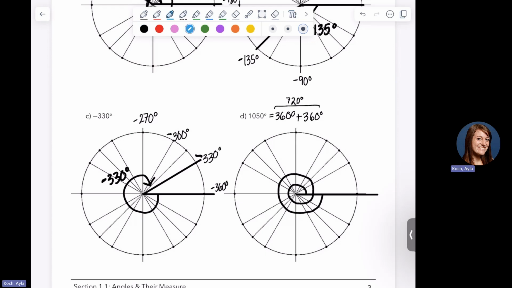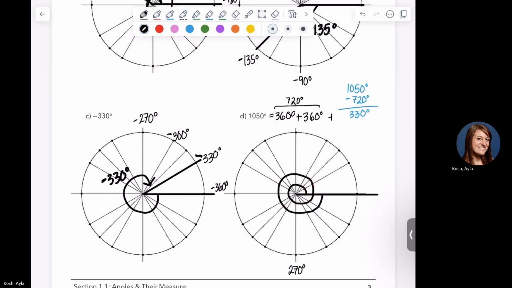And what's going to be left? Well, we have a total of 1050 degrees. We've done 720 of them. What's left is 330 degrees. So we just need to finish 330 degrees from here. This is the 270-degree mark. We're basically starting over again. We've done our full revolutions, and now we're just starting over with that leftover amount.